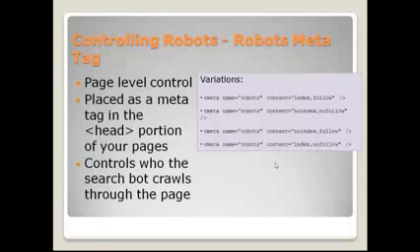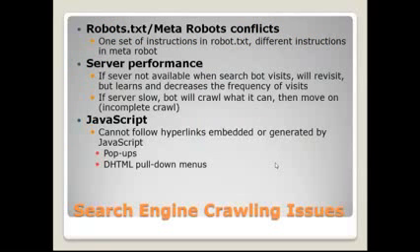Placed as a meta tag in the head portion of your pages, it controls how the search bot crawls through the page. Now, some of the search engine crawling issues might happen when there are conflicts between the robots.txt and the meta robots. One set of instructions in the robots.txt might be different from the instructions in a meta robots tag.